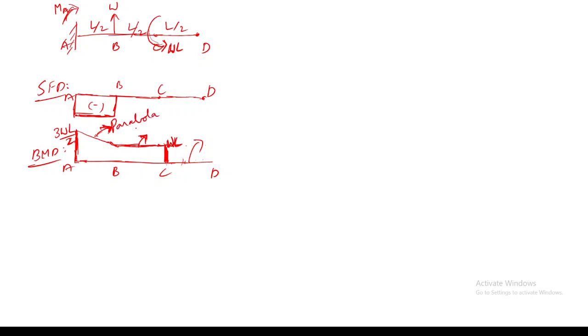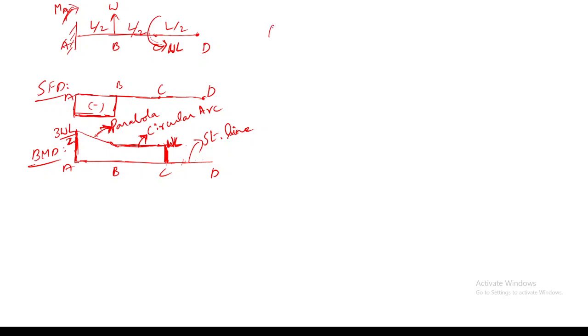And from B to C, that is a circular arc. And from C to D, the bending moment is zero, so it's a straight line. So within the same beam we are getting three different deflection curves. Now we will solve a problem.